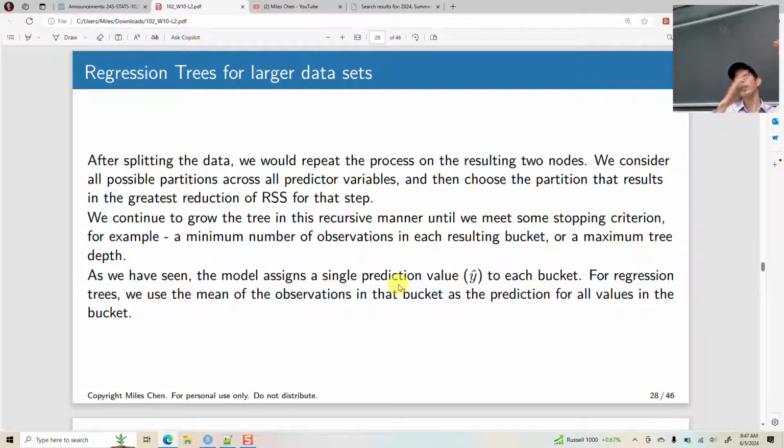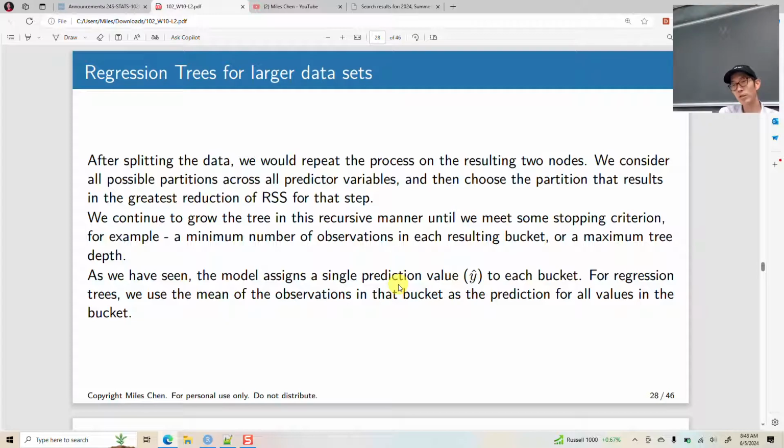You consider all 5 variables, and now you have 39 possible splits for each of the 5 variables. So you'd have 39 times 5, around 195 possible splits to consider, and maybe that set of 40 gets split into 20 and 20. Then you go to that group of 20, and you consider all possible splits, and you keep going until you reach some kind of stopping criterion.